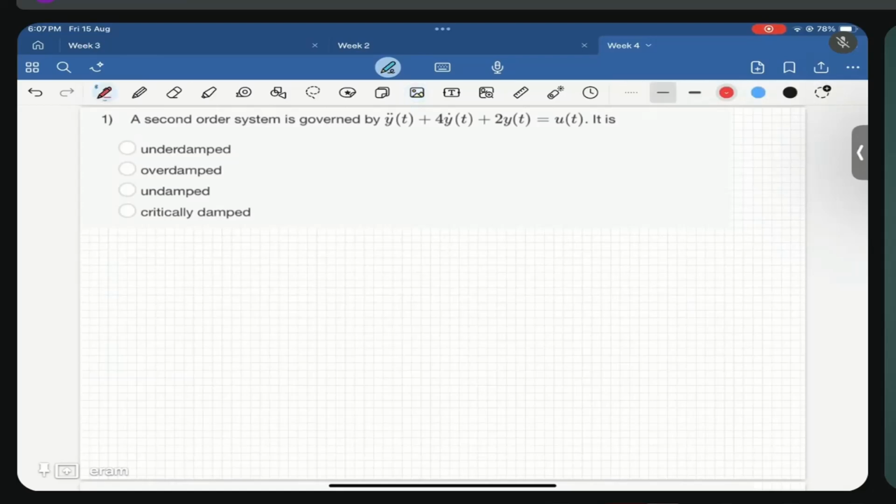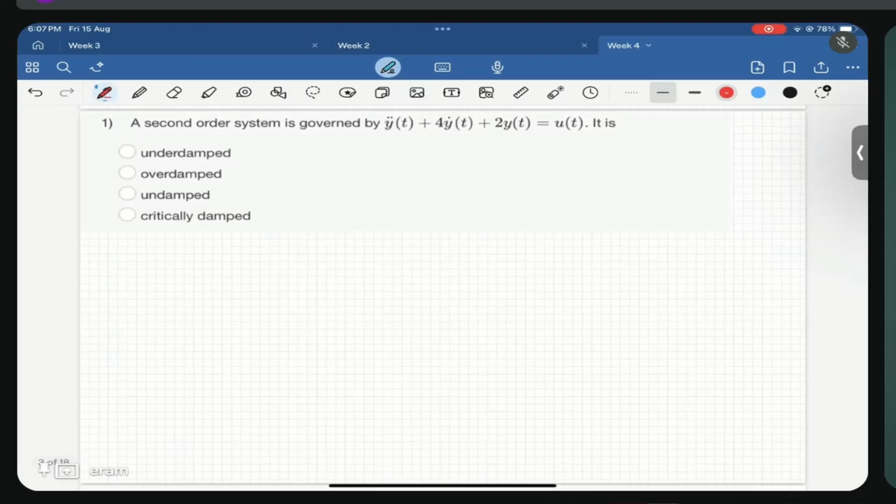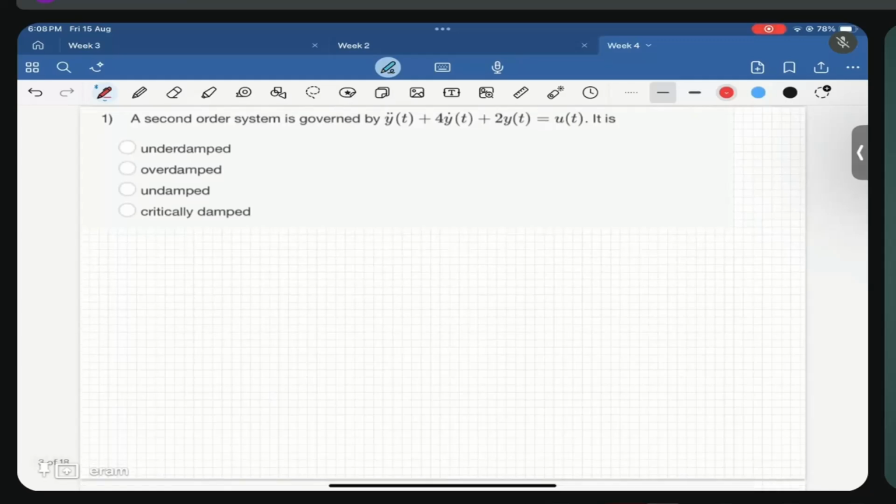So we know that we can characterize the system as underdamped, overdamped, or undamped based on the value of zeta. So for this system, we are given y double dot plus 4y dot plus 2y equals u(t).